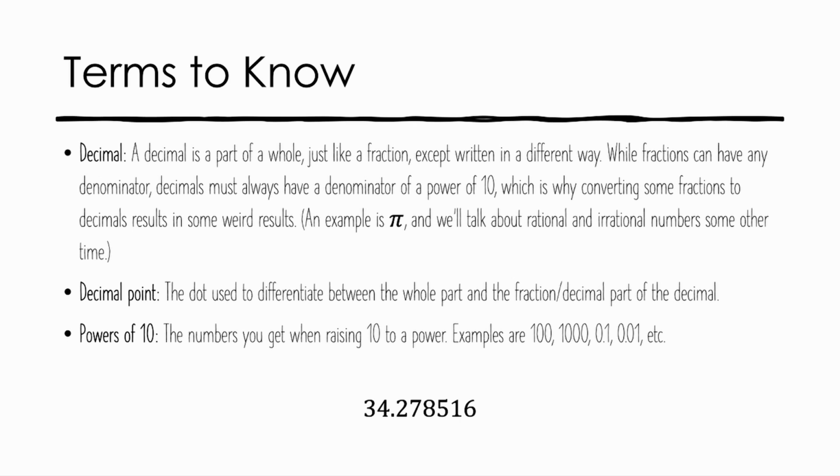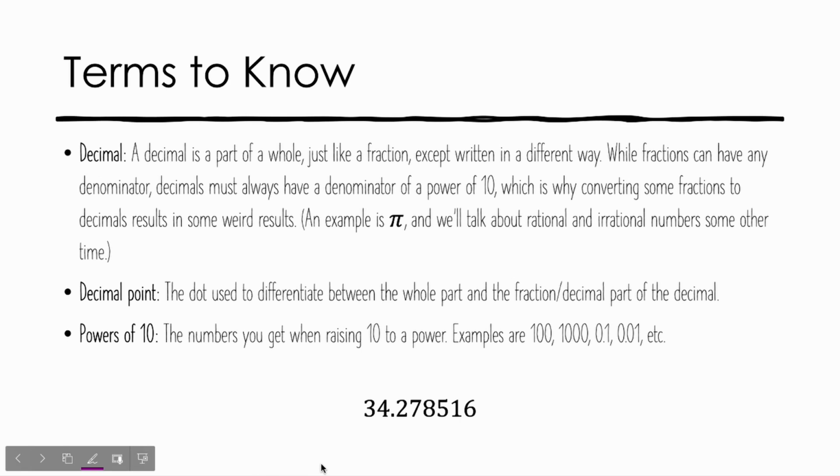Instead, you're supposed to keep them as individual digits. And since I said 34 as 34, you can decipher that 34 is our whole part and these numbers are our decimal part. And you can see that because after the decimal point, it's all decimals. Before it, it's all whole numbers.